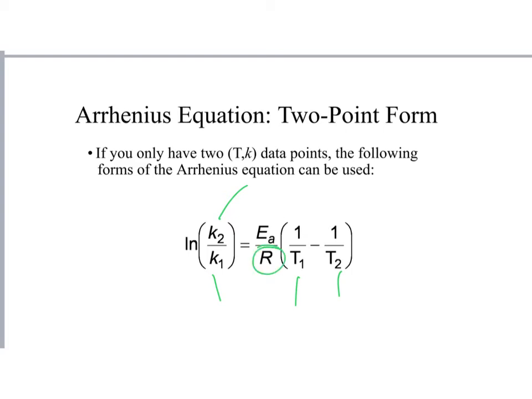And the data provided will give you k1 and k2, and T1 and T2. So all we're left with in this case is Ea, and we'll be able to solve for Ea from this two-point form of the equation.